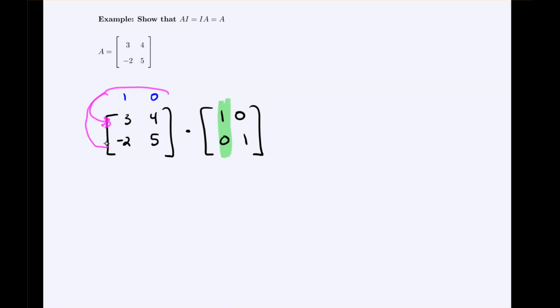Then we take this row and multiply it by this, and then since we've done all the rows, we go to the next column. So this will be a 1 times 3 plus 0 times 4. Now that we finished that row, we take this and multiply it by the second row. That would give me a 1 times negative 2, 0 times 5.